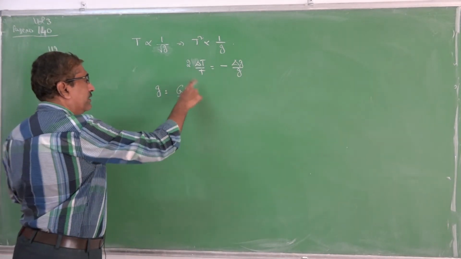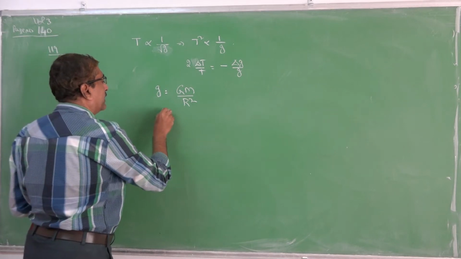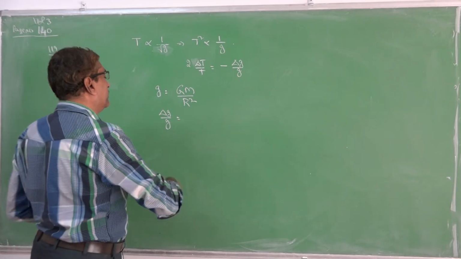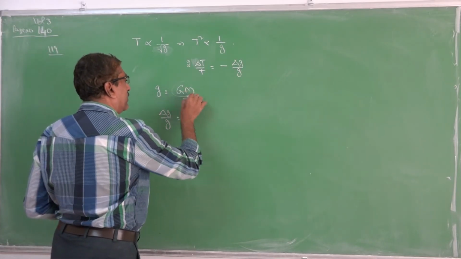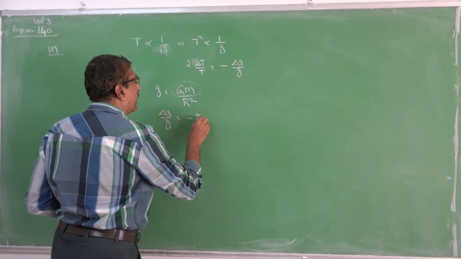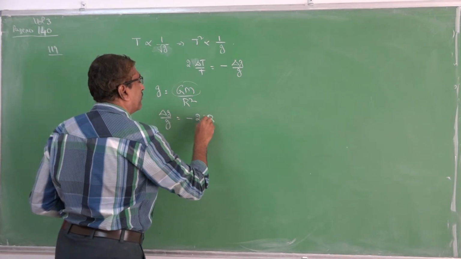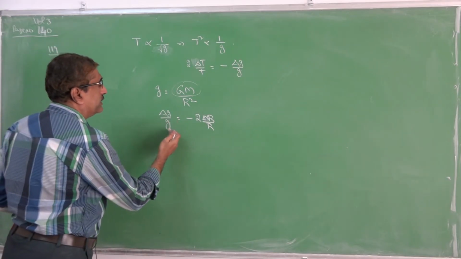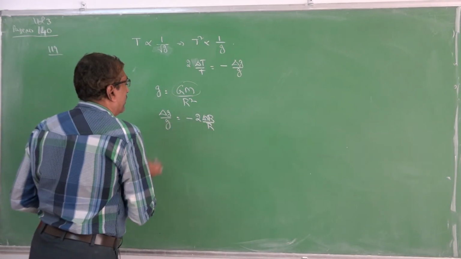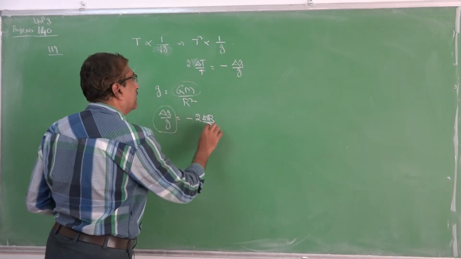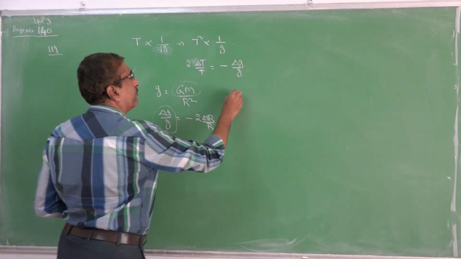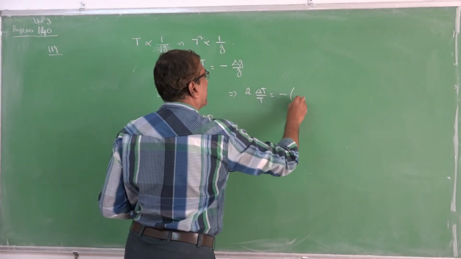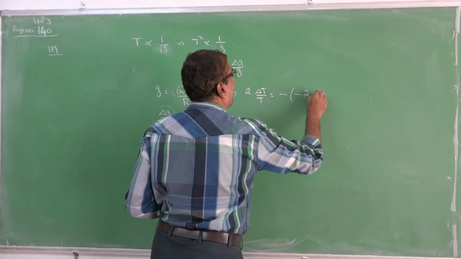So, from this relation, as M is constant, delta g by g is equal to minus 2 delta r by r. Now, substituting this in this equation, therefore, 2 delta T by T is equal to minus 2 delta r by r.